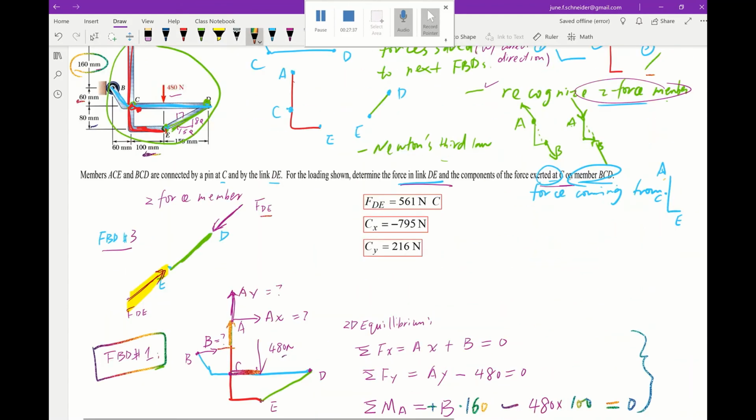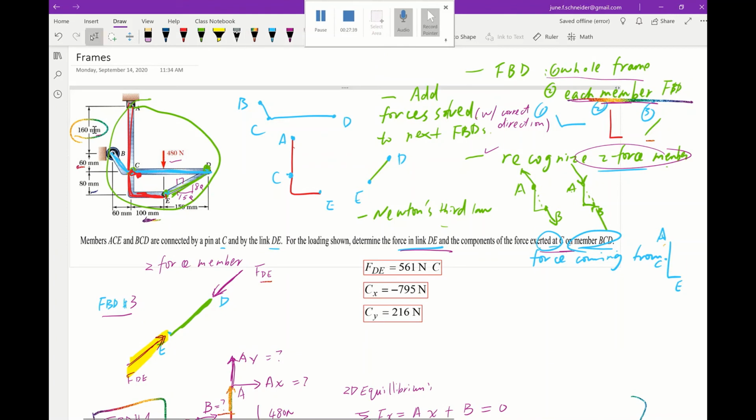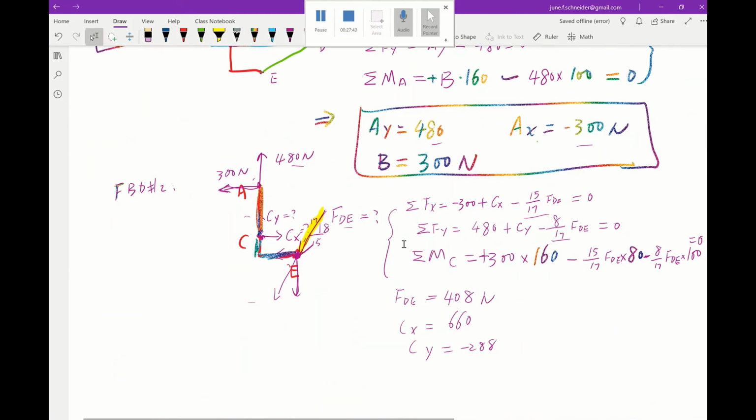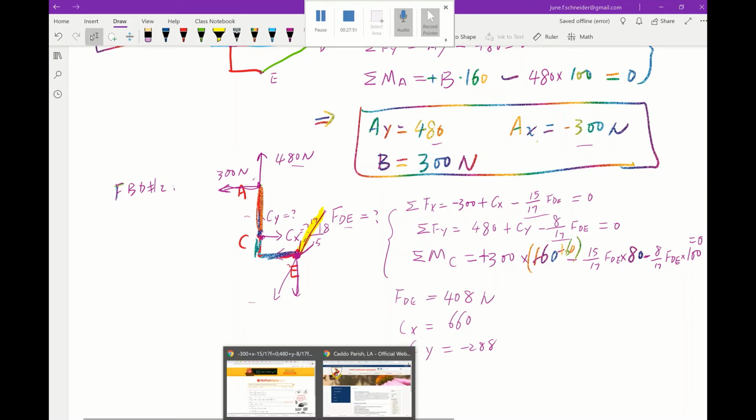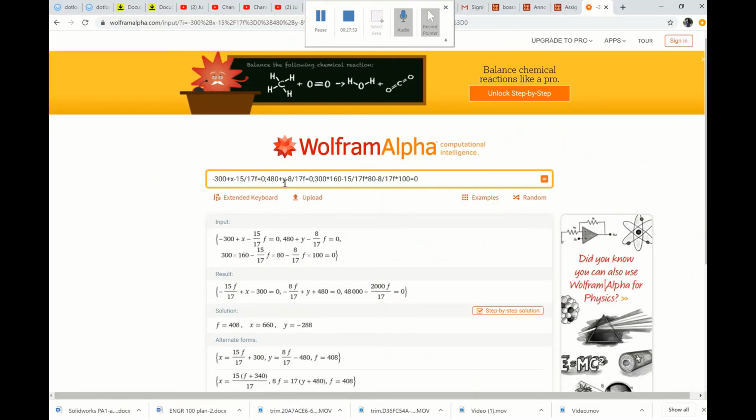And that distance is the AC distance. What I read is 160 only. It should be 160 plus 60. All right, so let's make that change. So it's 160 plus 60. And that should do it, we can go to Wolfram, and it's this value.